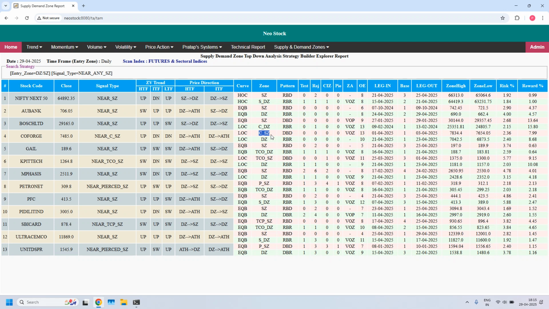Coforge is having a daily high liquidity supply zone. SBI Card is having a daily high liquidity supply zone. That's it. We have identified 2 daily high liquidity supply zones from this list.